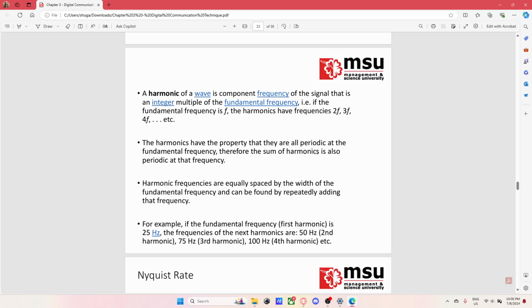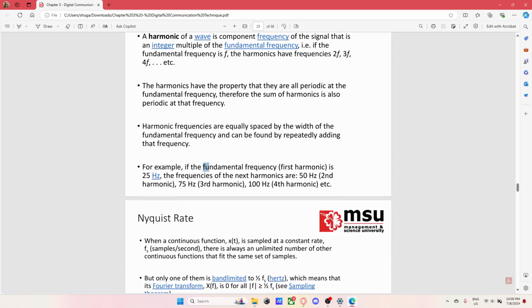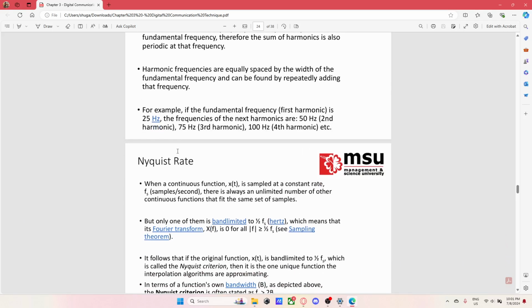Therefore, the sum of the harmonics is also periodic at that frequency, and the harmonic frequencies are equally spaced by the width of the fundamental frequency and can be found by repeatedly adding that frequency. So for example, if the fundamental frequency, the first harmonic, is 25 Hz, the frequencies of the next harmonics are 50 Hz, 75 Hz, and 100 Hz. All of them are added to each other.